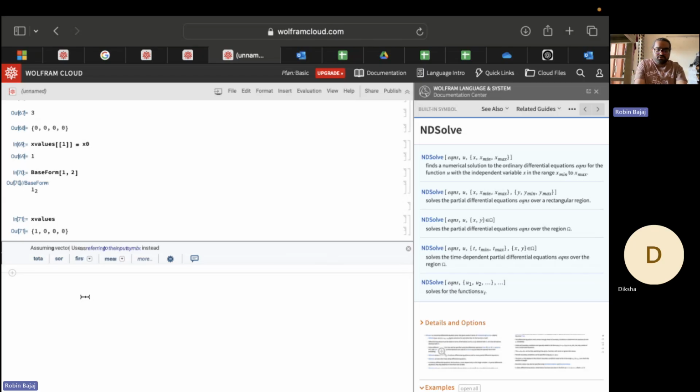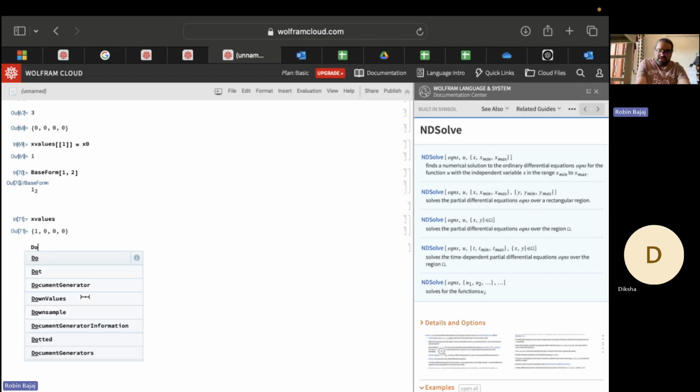Now we'll run a loop, and in the loop, we'll keep changing our x at later steps, basically x at 1, x at 2, x at 3, by the Euler method equation. And this final value is something which we want. So let's write that loop.